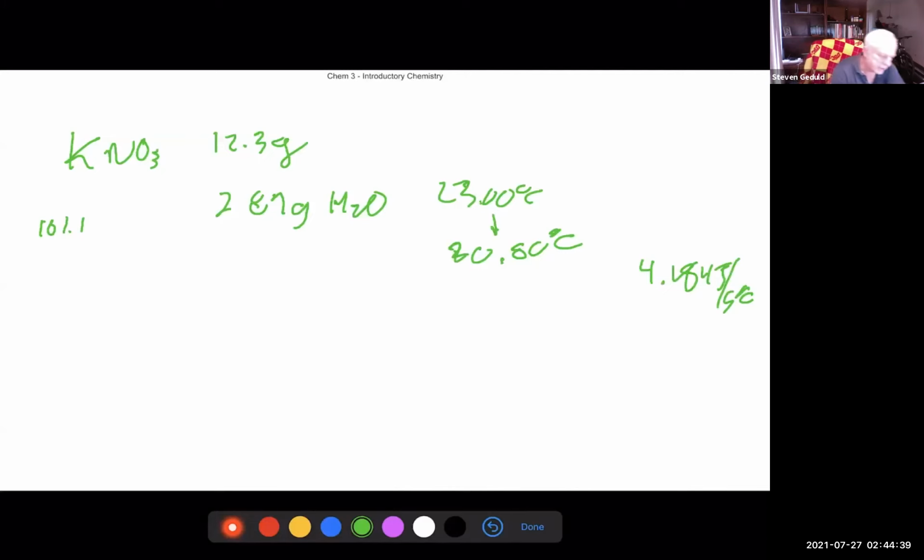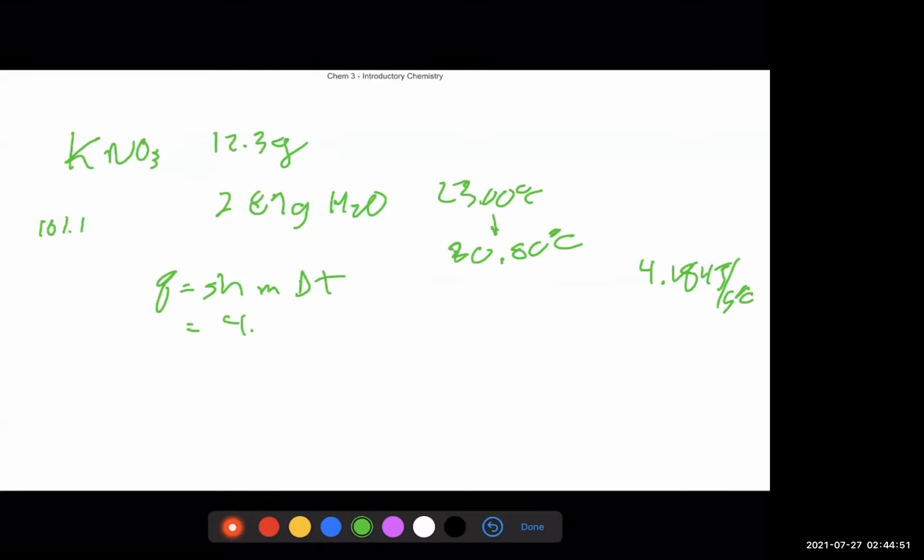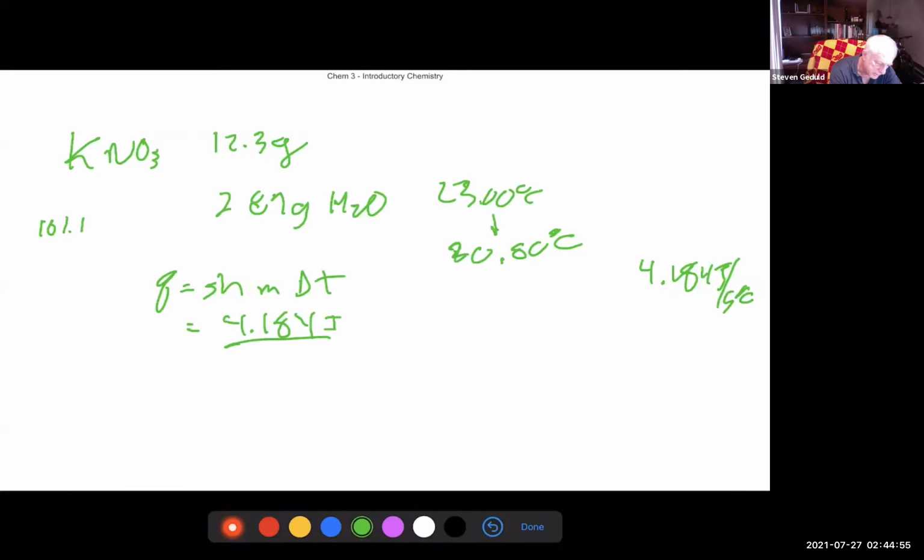So Q, the heat released by the solution, equals specific heat times m times delta T. That's your formula, right? You assume it's going to be the specific heat of water, 4.184 joules per gram degree centigrade. The mass of the solution is 287 of water and 12.3 grams of potassium nitrate.